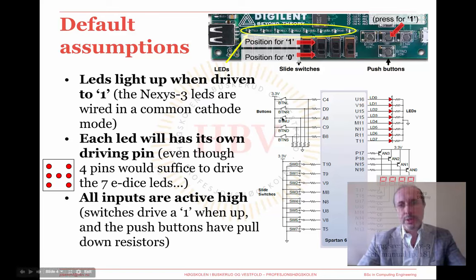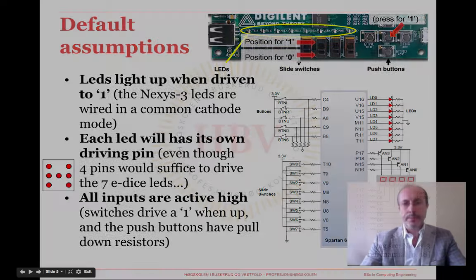Now, of course, when we push the button, then a 1 will be driven. As for the two position switches, which will be used to define the sheeting mode, we will consider that putting them all to 0, as shown here above, will mean that the sheeting modes are not active.